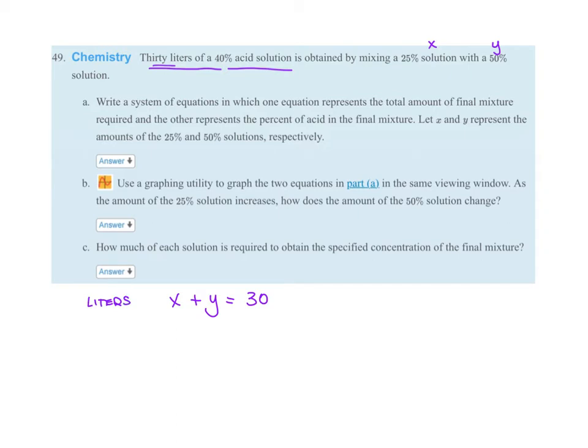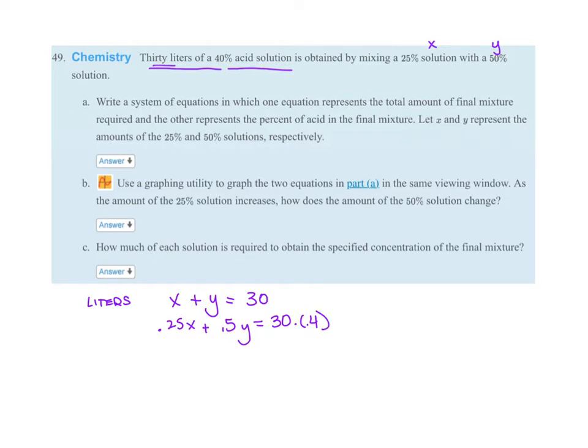Now we have to find out how much is mixed in. So we have the 25% solution, so 0.25x plus 0.5y equals the 30 liters times the 0.4 acid solution.